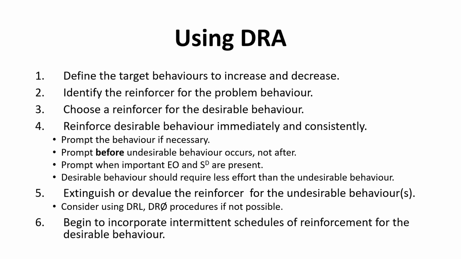It just sort of depends on the given situation. And as I already hinted, once you've actually managed to reduce the problem behavior and increase the desirable behavior, you would want to start incorporating intermittent schedules of reinforcement for the desirable behavior so that it is itself more resistant to extinction and doesn't require reinforcement every single time it happens.